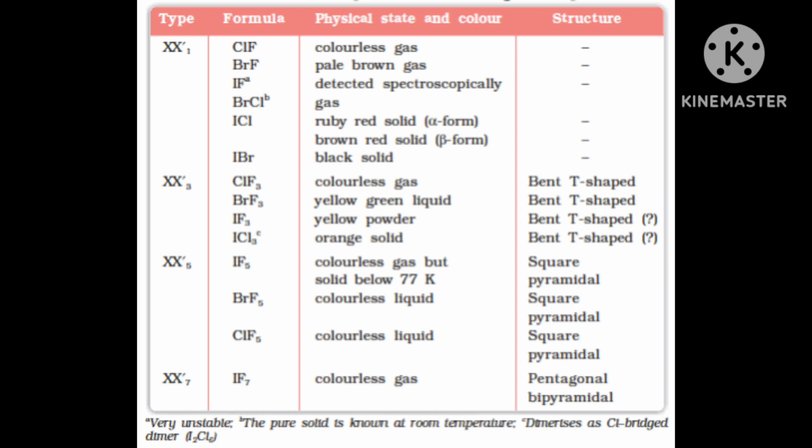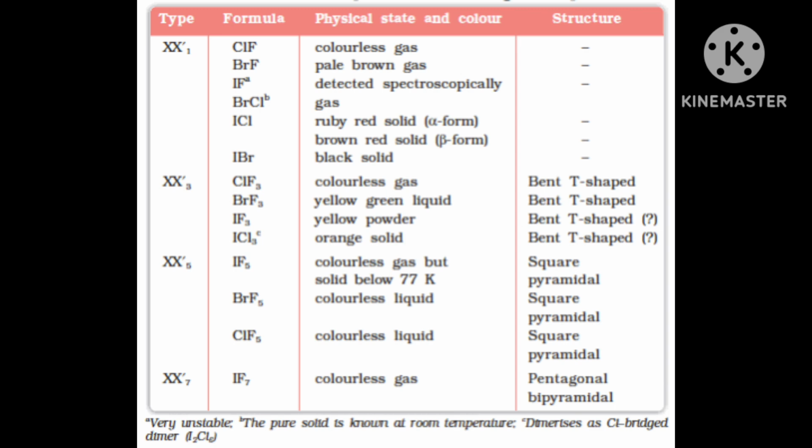Hence obviously XX' can form different compounds with different members. Examples of XX' are ClF, BrF, IF, BrCl, ICl. Whatever possibility is there, you can write.